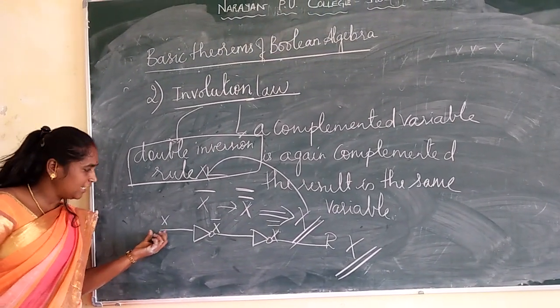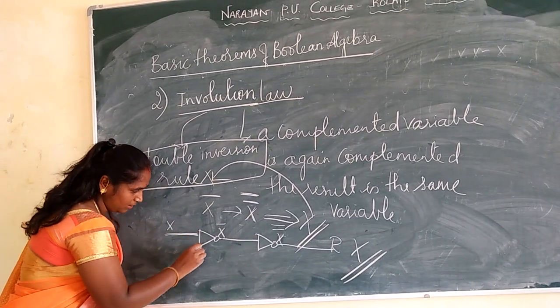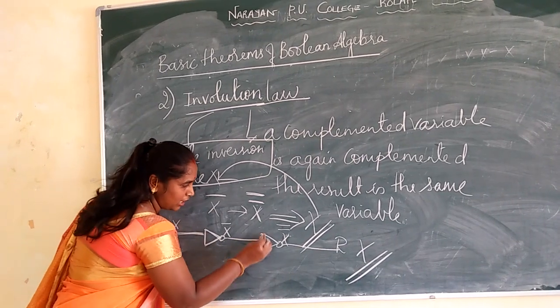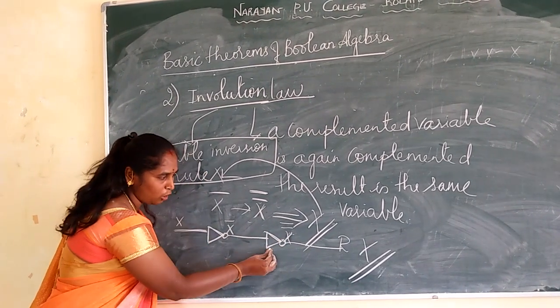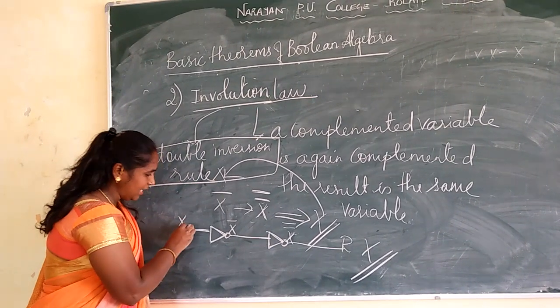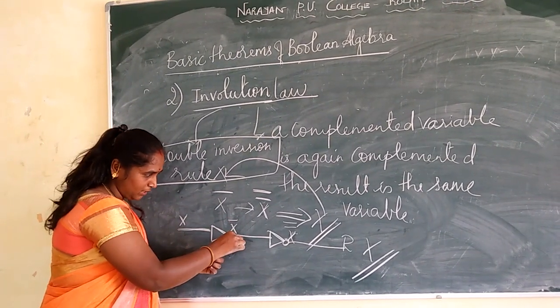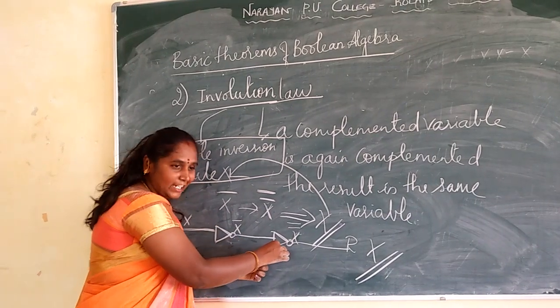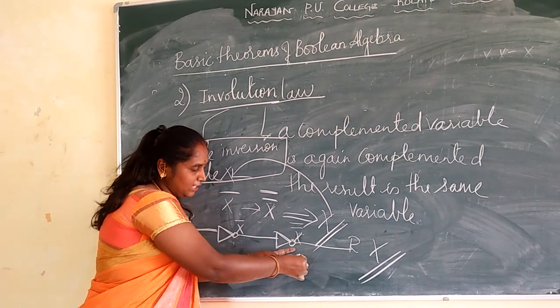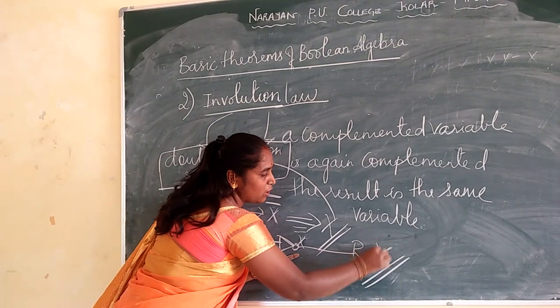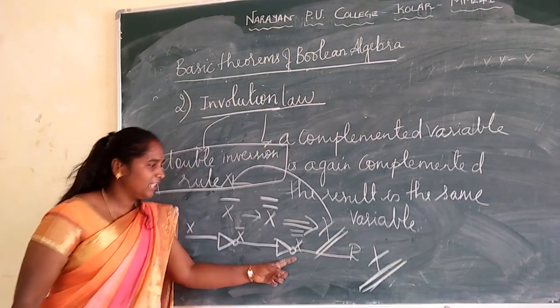You are considering one NOT gate and then again a NOT gate. Two times you are complementing, so two NOT gates. When you consider variable x and it passes through your NOT gate, it becomes a complement. Again, when it passes through another NOT gate, it becomes the complement twice.